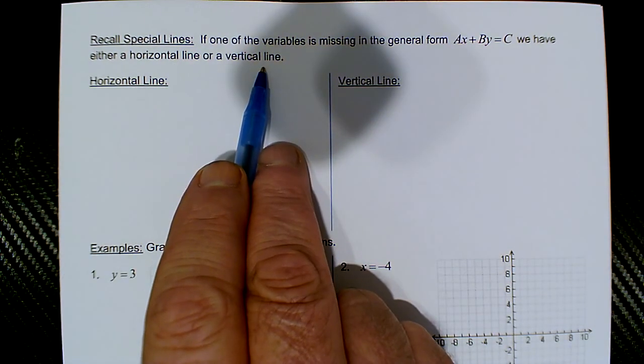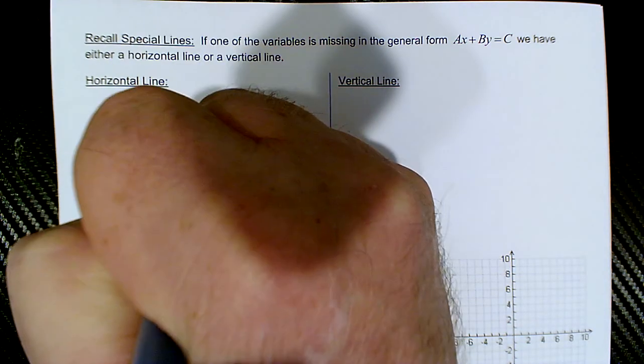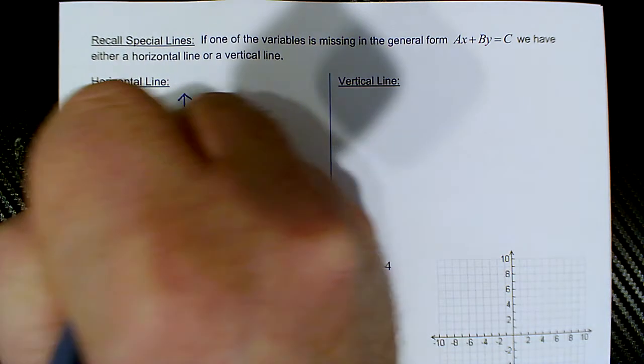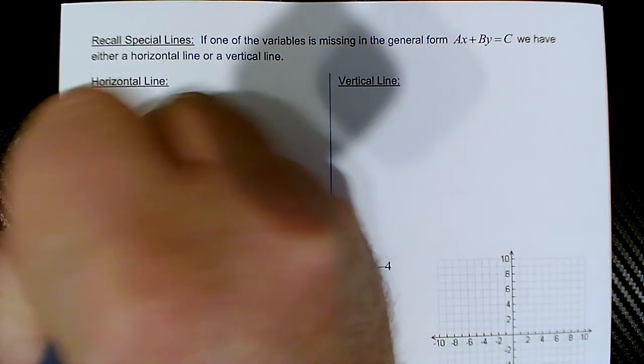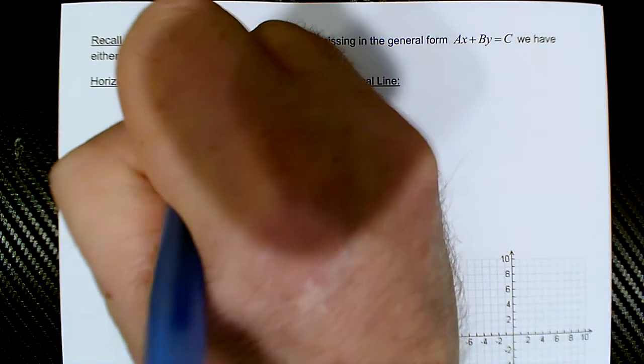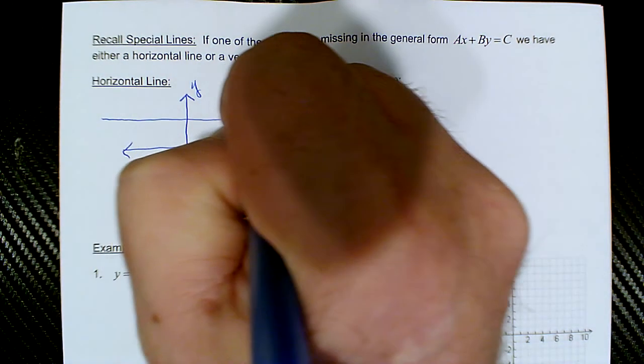So we did this earlier. Remember, you don't have to do this, but I'm just illustrating how you could realize what the equation of a horizontal line looks like. If you draw the axes and you draw a horizontal line, it is parallel to the x-axis.